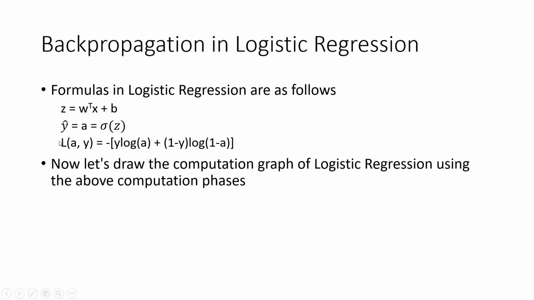This is the loss function of logistic regression, where this is the output or the prediction value and this is the ground truth value, the real value, and this is the binary cross entropy loss. I think you remember these three terms, right?